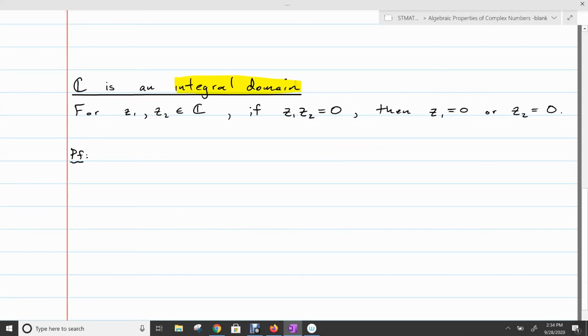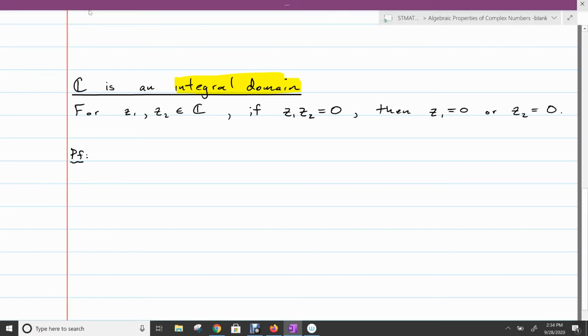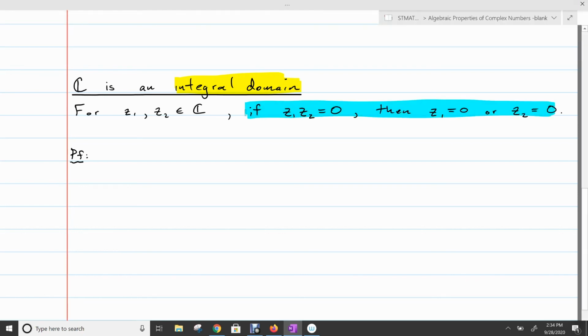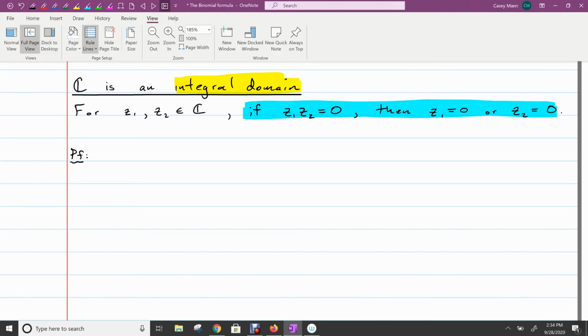That just means that the complex numbers have this special property that's really nice. If you multiply two complex numbers and you get 0, then it's got to be the case that at least one of the two numbers is 0. Without this property, it's pretty hard to do equation solving, or at least it becomes a lot harder.